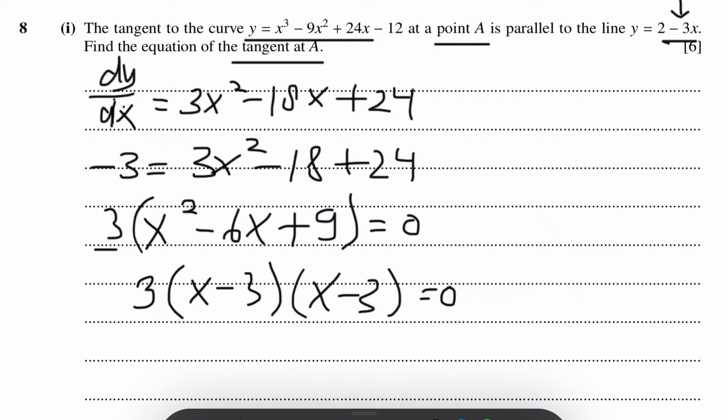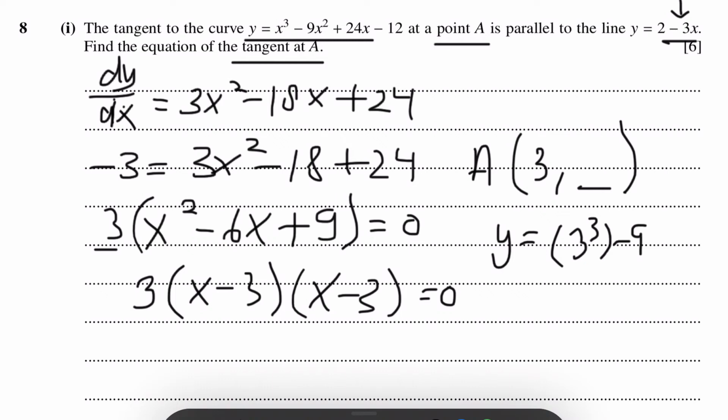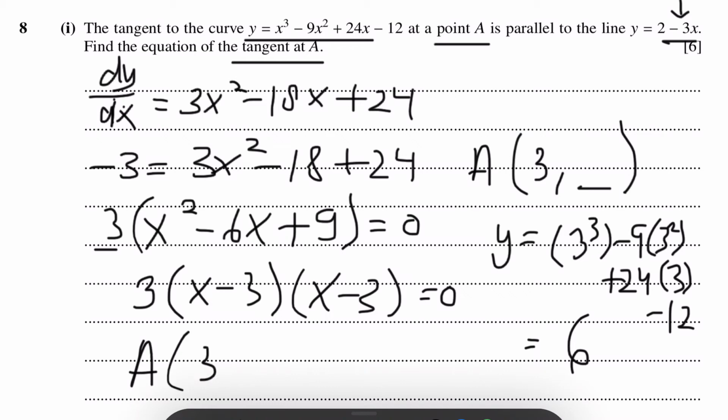So your point A has an x coordinate of 3, but you still do not know the y coordinate. So go ahead and find that y coordinate. Input 3 into the curve's equation. y is equal to 3 cubed minus 9 times 3 squared plus 24 multiplied by 3 minus 12. This will give you 6. So A is (3, 6).